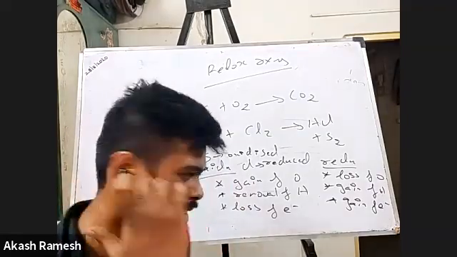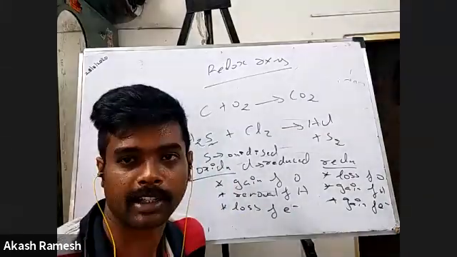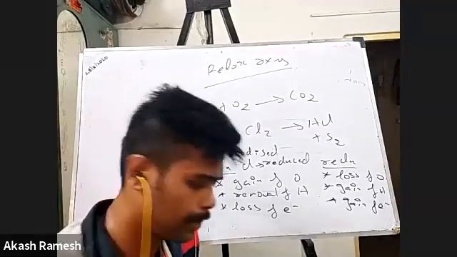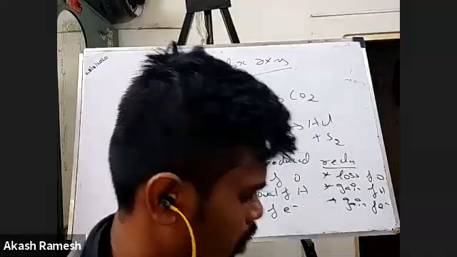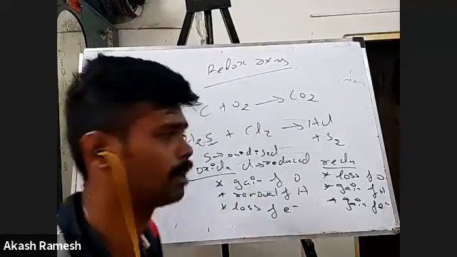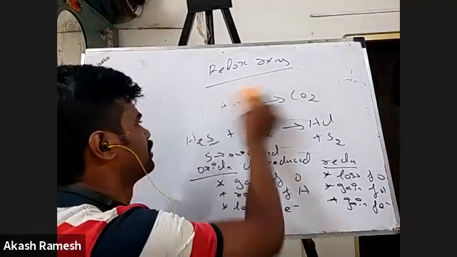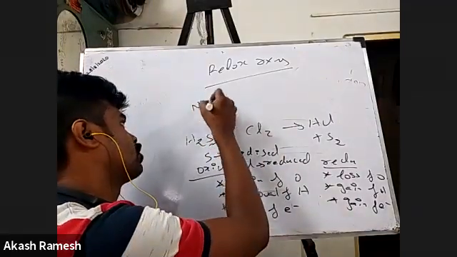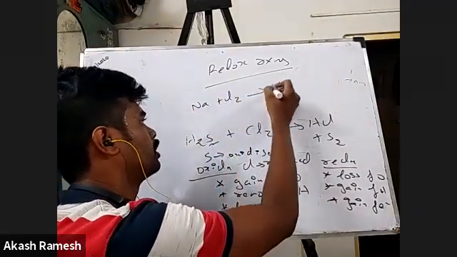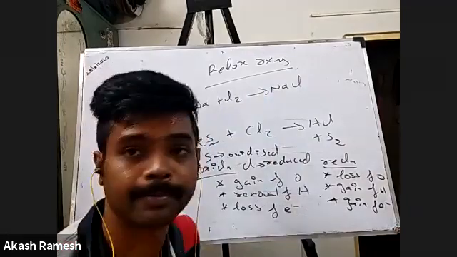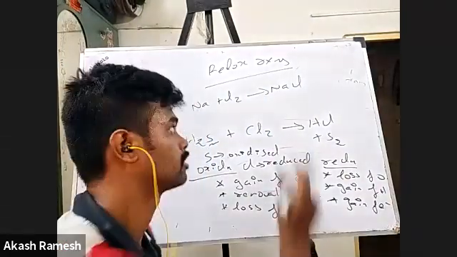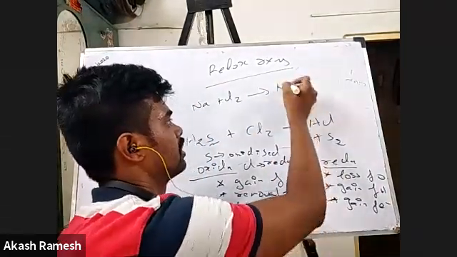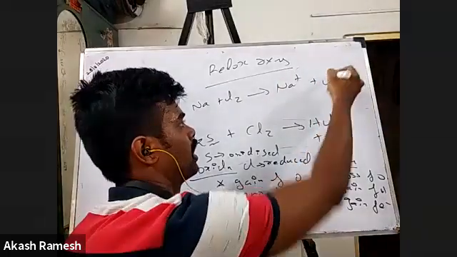Now, what is this loss of electron and gain of electron? For that also I'll give you an example. Let me take a very simple one: sodium reacting with chlorine to form sodium chloride. I'll better write it as Na plus and Cl minus.